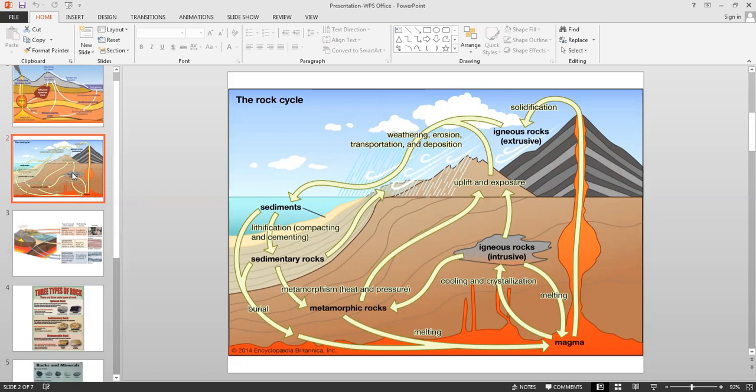So we go to the next slide. It shows the rock cycle, how sedimentary rocks are compacted, and how metamorphic rocks are formed due to heat and pressure. If you follow the arrows, that is what is happening to the rocks.